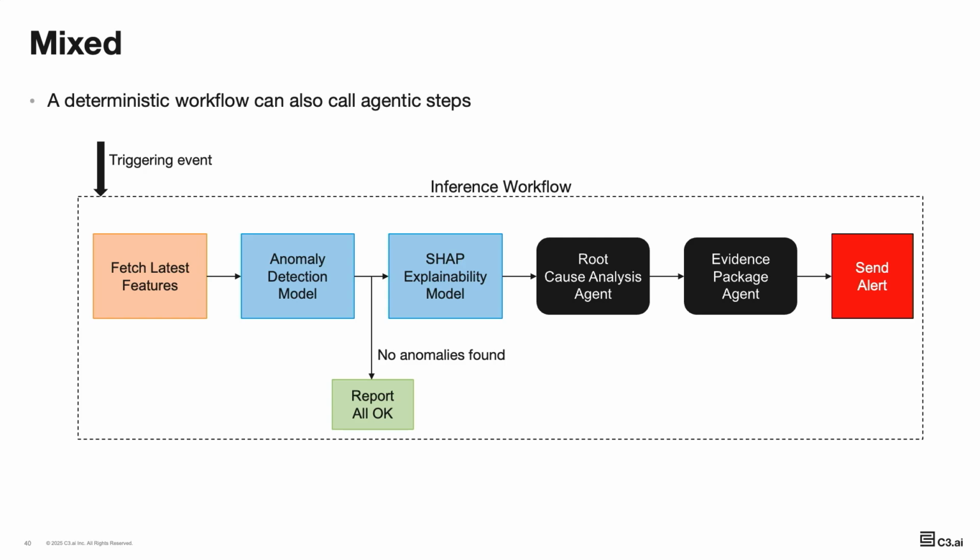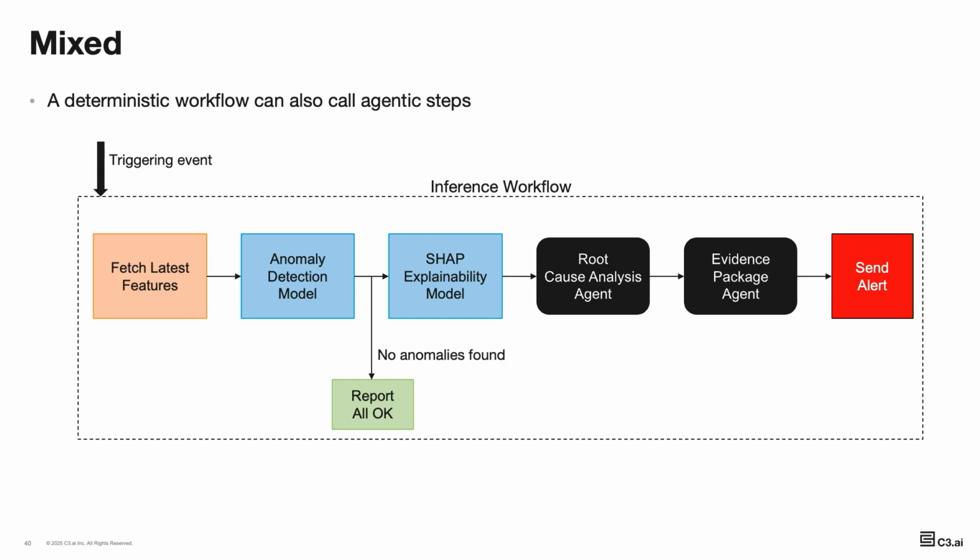And then I will take all that information and feed it to a root cause analysis agent. So that's non-deterministic within that step. And that's going to take the information that it has and try to determine what is the physical cause of that anomaly, right? And then once that is done, we can pass all this to an evidence package agent that will try to gather all the information it has, plus things from the documentation and other places, and build a contextual report on this anomaly and what we think caused it, and here's all the documentation.